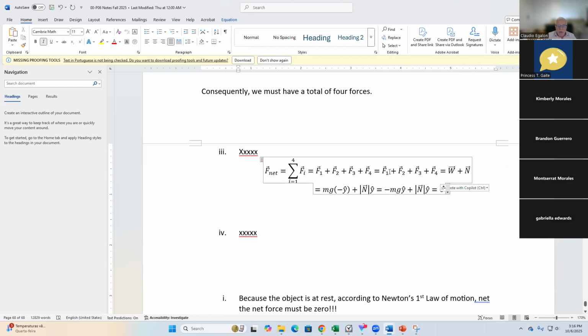The first force is the tension. The other force is the force of static friction, and I abbreviate it by F sub S. The third force that I mentioned was the weight. The last force is the normal.